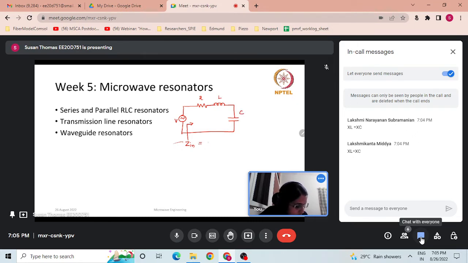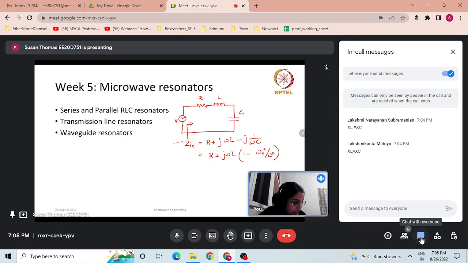So R plus j omega L minus j into 1 by omega C. This can be modified as R plus j omega L into 1 minus omega naught square by omega square.